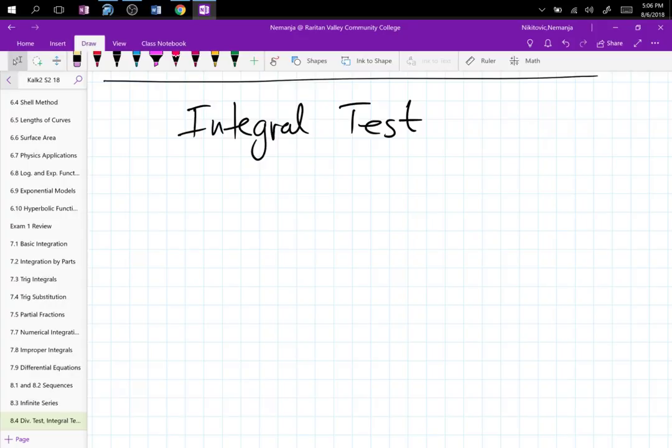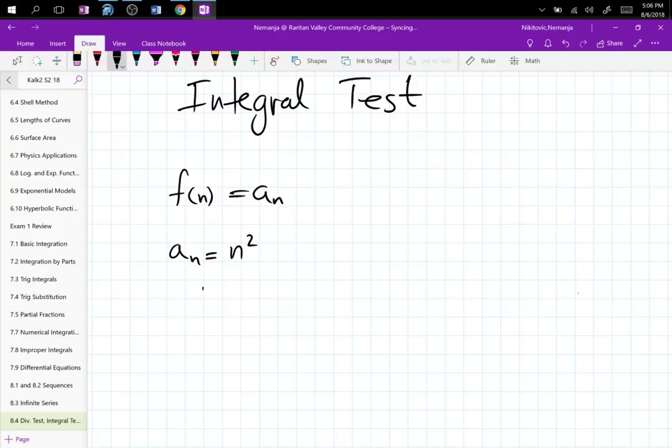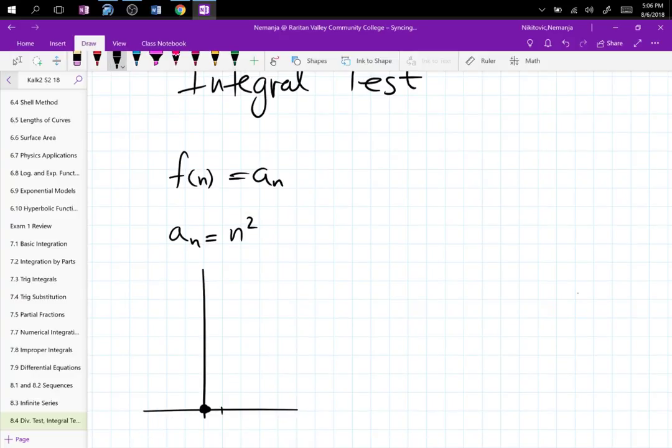So to give you an example of this transformation, on this side I'll have f of n. Now f of n is given as a_n in our case. So if I say that a_n is equal to, let's say, n squared, then I get to draw 0, 1, 2, 3, let's say.